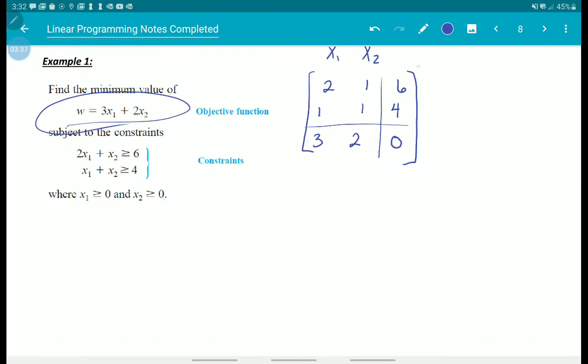And we're going to transpose this, and that's going to give us the coefficients for that dual program, or that dual problem. So let's write out that dual problem.